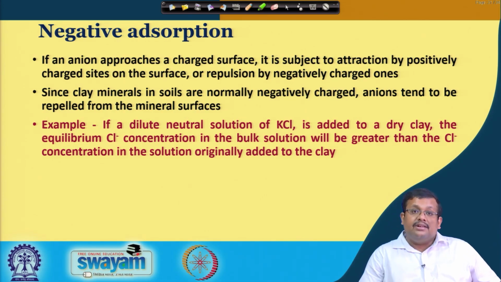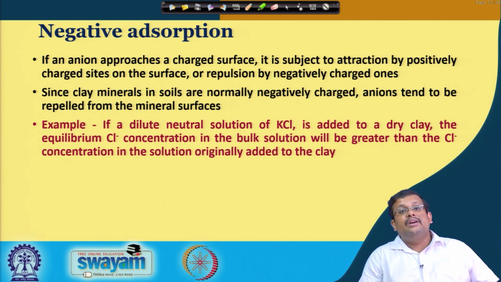Since clay minerals in soil are normally negatively charged, anions tend to be repelled from the mineral surface. For example, if a dilute neutral solution of potassium chloride is added to a dry clay, then the equilibrium chloride concentration in the bulk solution will be greater than the chloride concentration in the solution originally added to the clay.